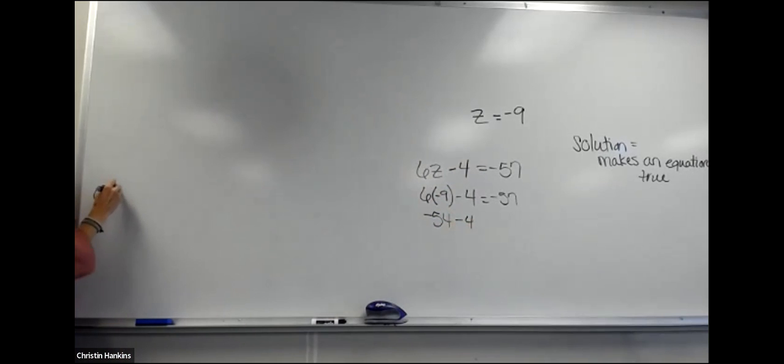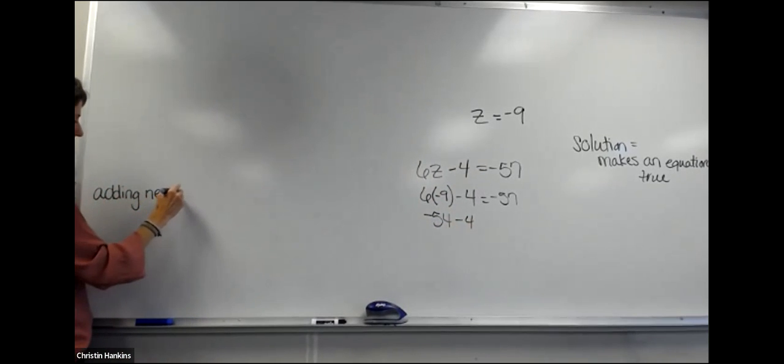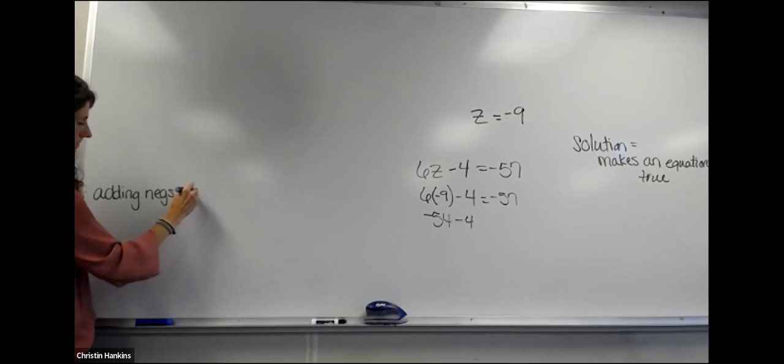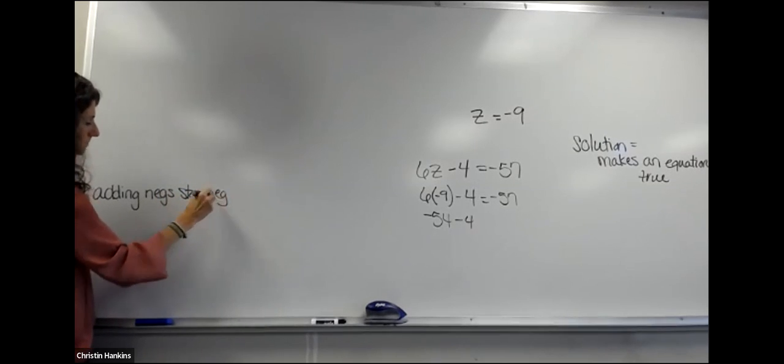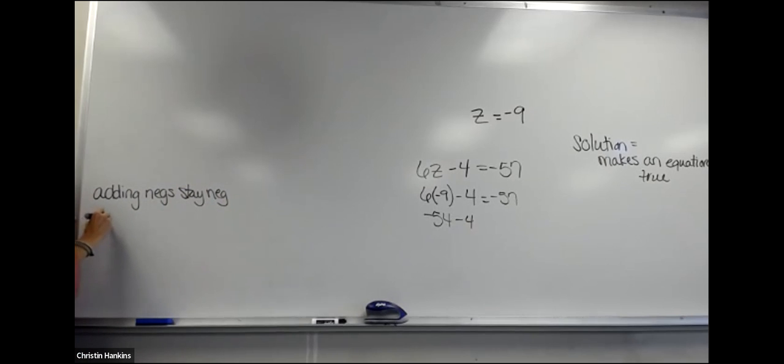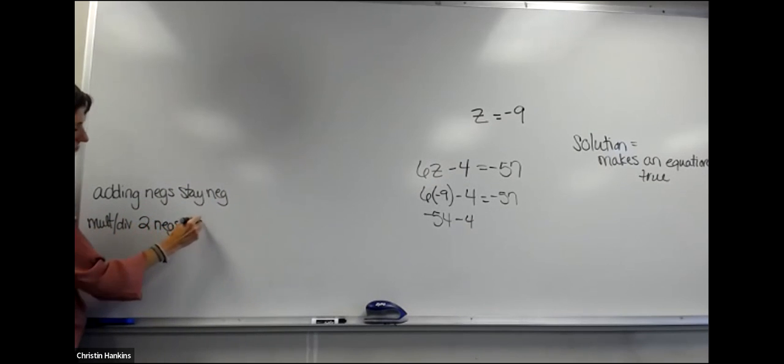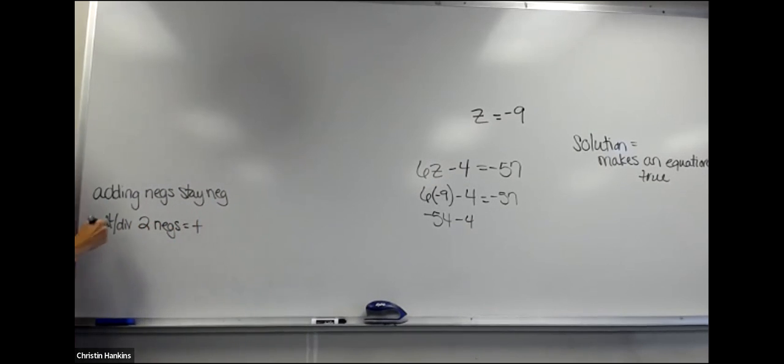Those are the pieces that people forget. Two negatives, it has to be an even number. Oh, we didn't talk about that.